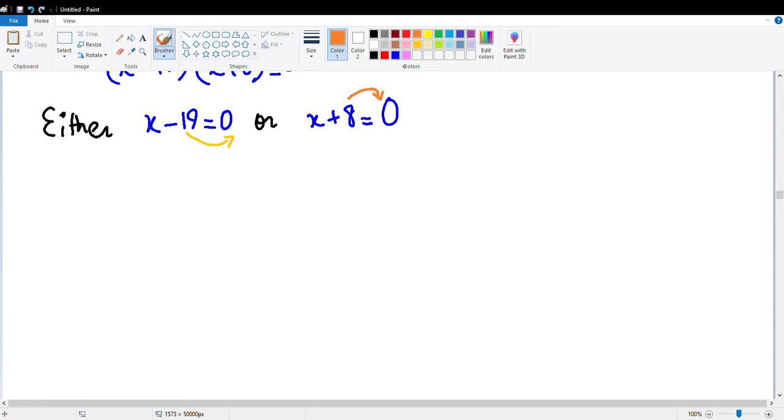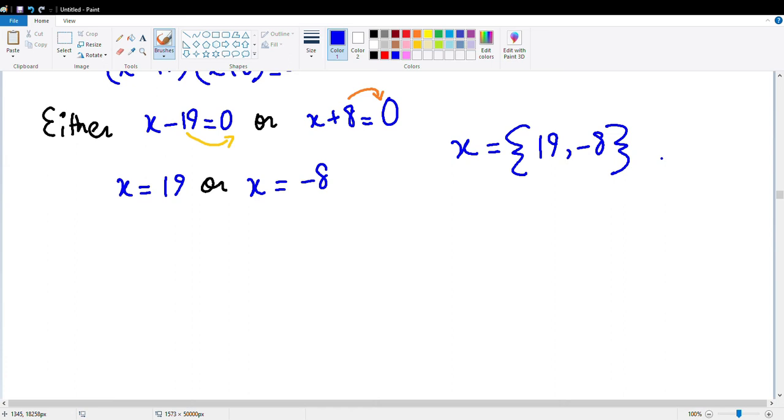I think I've already overused these colors, but anyway, x equals plus 19 in the first case, because when we send minus 19 to the other side, it will become positive 19. So we'll get x equals 19, or you can see that that's 8. So when we send positive 8 to the other side, x will equal negative 8. So our solution set will be 19 and minus 8.